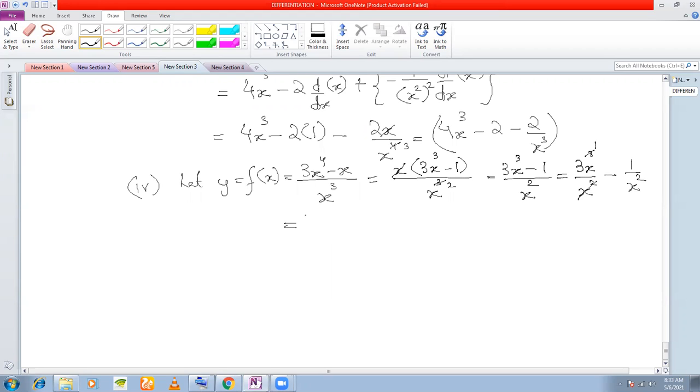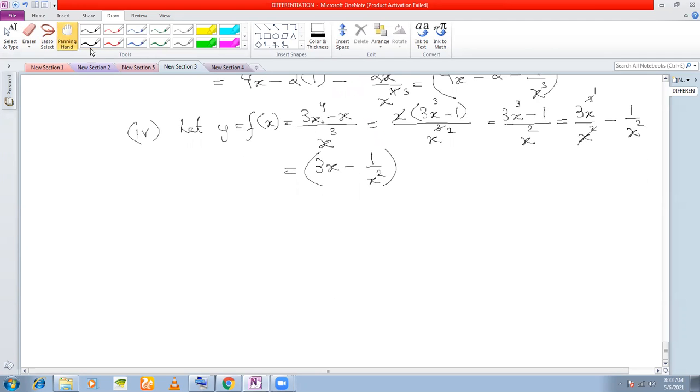You simply get 3x minus 1 by x square. Now it is very, very convenient to differentiate. So therefore, now we shall differentiate. Therefore, dy/dx is equal to f dash x is equal to d/dx of 3x minus 1 by x square. Split it.